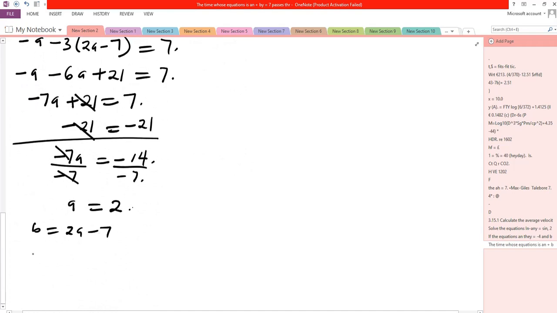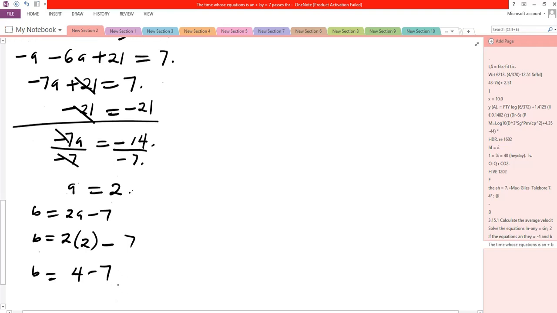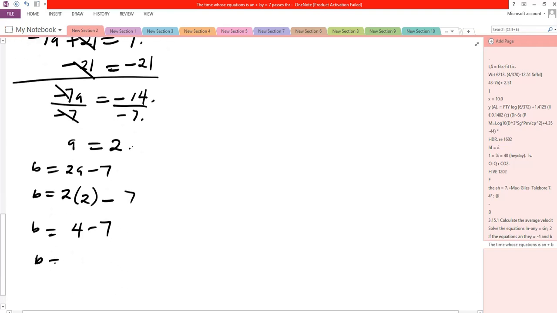So b will now be equal to 2 times 2, which is 4, minus 7, which implies that b is equal to minus 3. So our answer: a is equal to 2 while b is equal to -3.